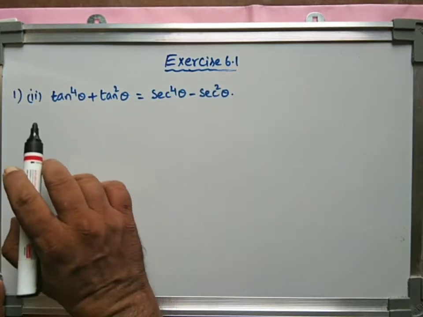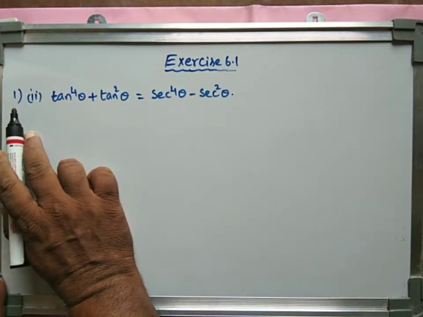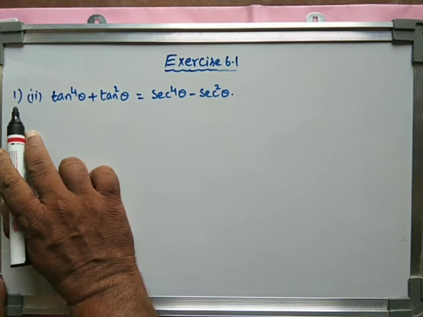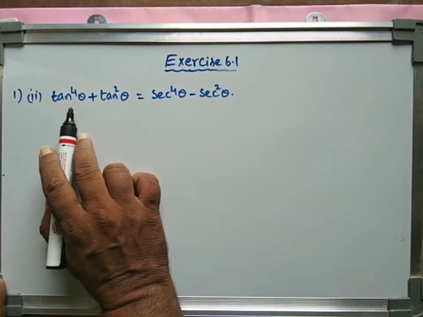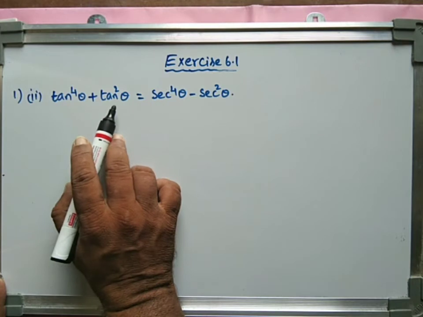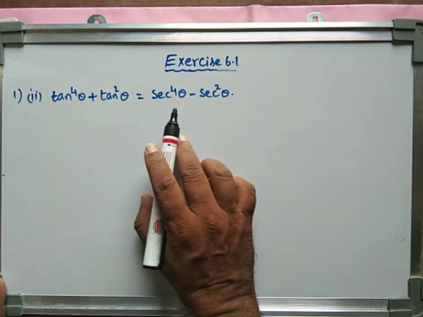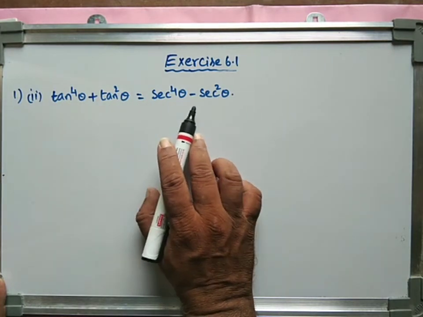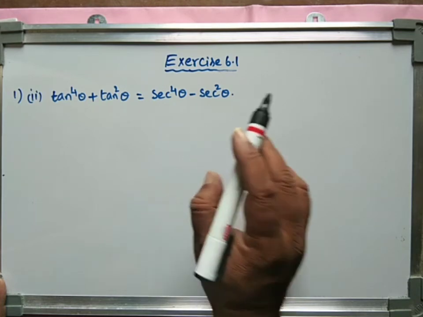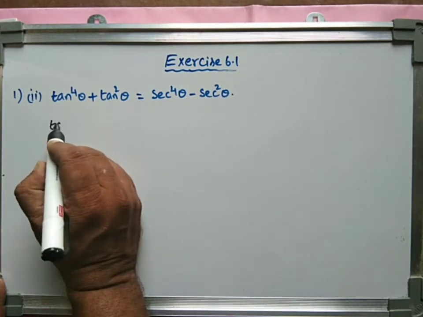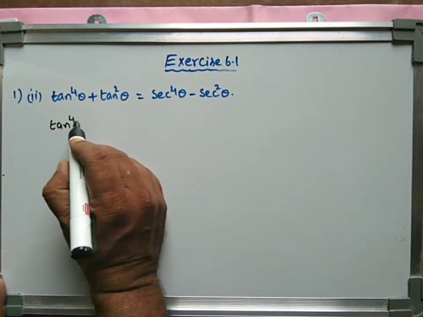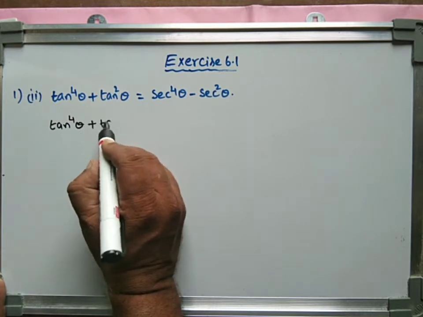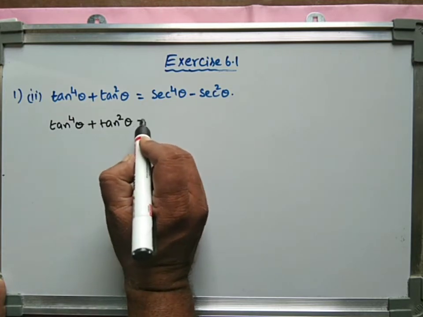Now we move on to the second part of problem number 1. Prove that tan power 4 theta plus tan square theta equal to secant power 4 theta minus secant square theta. So now first we take the left hand side, tan power 4 theta plus tan square theta.